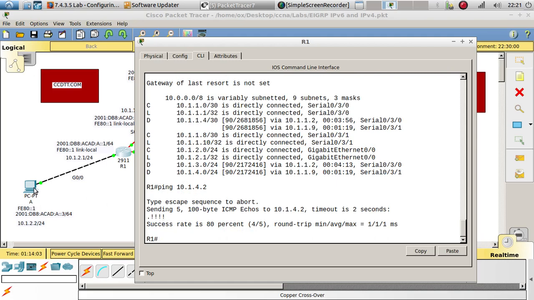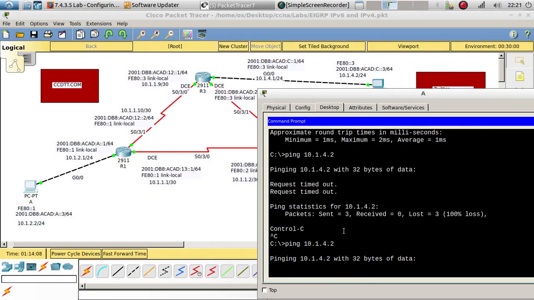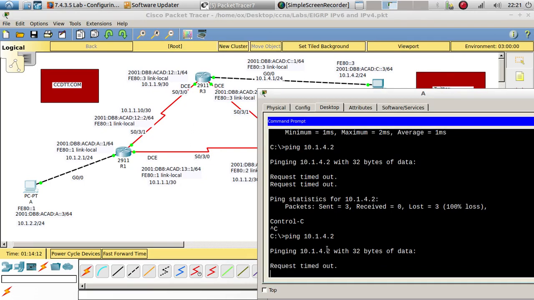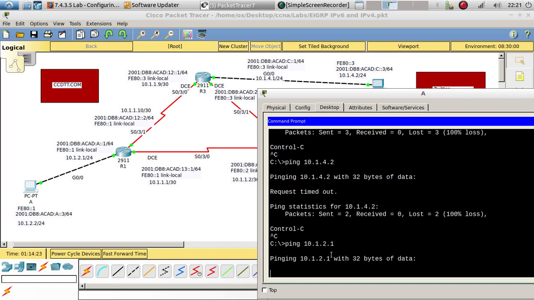Why are we not able to ping that computer from here? Are we able to ping our default gateway? We're not able to ping our default gateway.